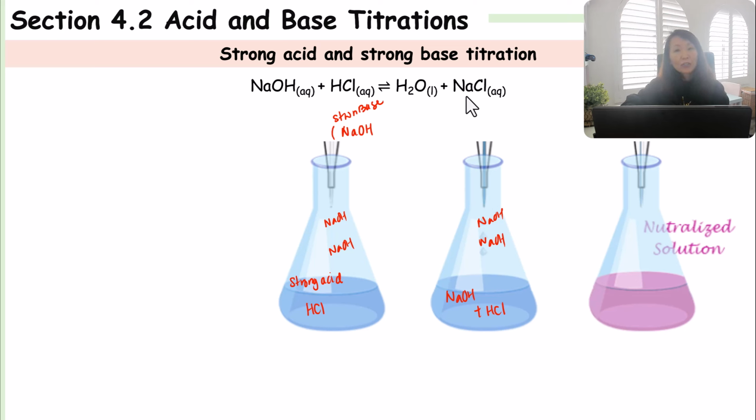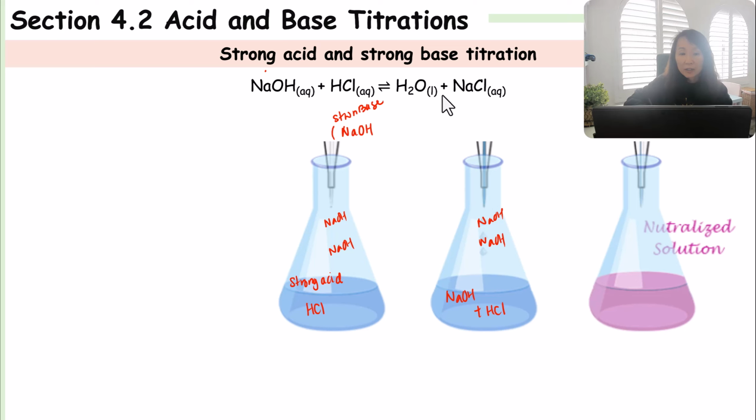Here, I want you to identify the spectator ions. If you don't know what a spectator ion is and you need a little refresher, you might want to check out the video called Strong Acid and Base Review. I want you to take out all of the spectator ions as shown here.